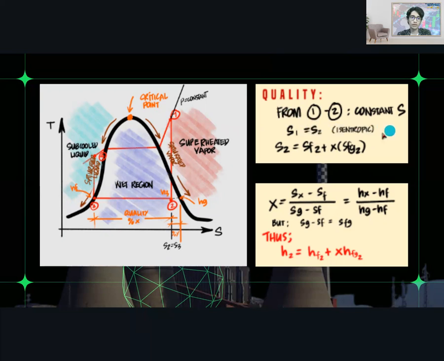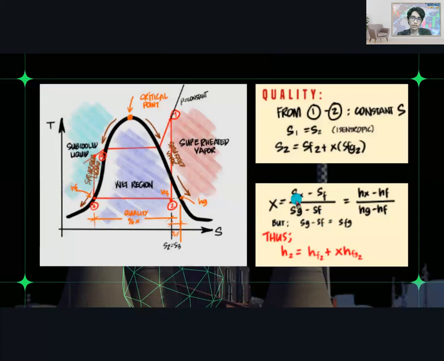From 1 to 2, that's the constant entropy. S1 is equal to S2, meaning whatever the value of S1 is, that is the value of S2. That's an isentropic process. And then S2 is equal to the entropy of saturated liquid plus X times the entropy of evaporation. So we're going to convert that.